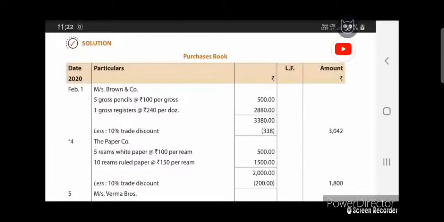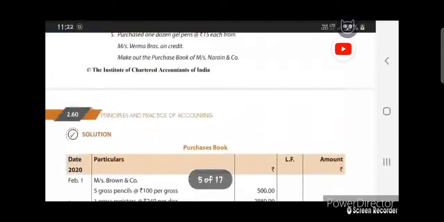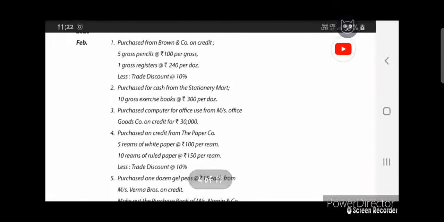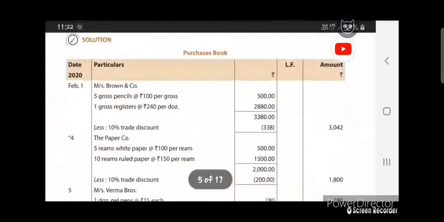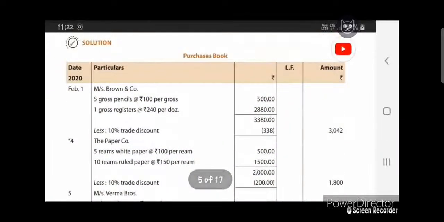The 10% discount means 338 discount. Okay, this is our first. Minusing 3380 minus 338, the total amount you will have to pay for them is 3042.